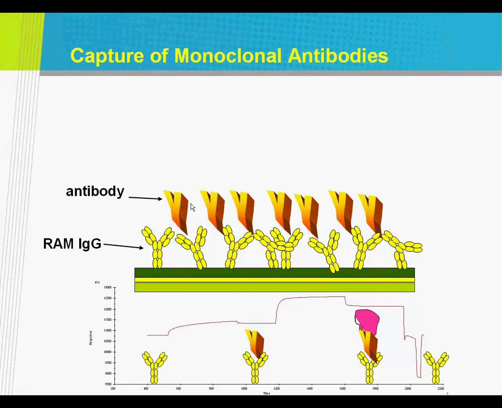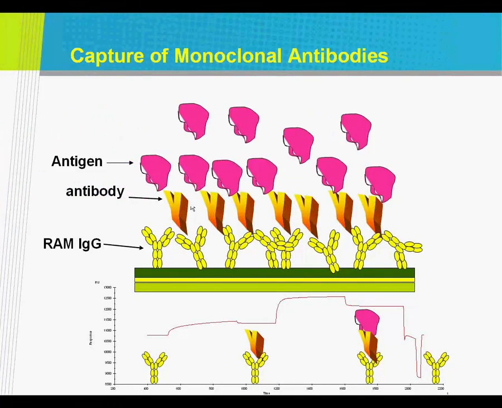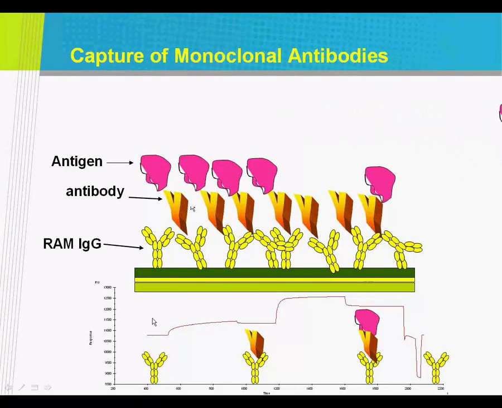For that, you can use a low pH glycine that will disrupt the polyclonal antibody versus Fc region of the monoclonal antibody. It strips everything away, and you've got a chip that you can reuse. So this is just to show you again: you capture your antibody, you add your antigen, and you monitor all that in real time.